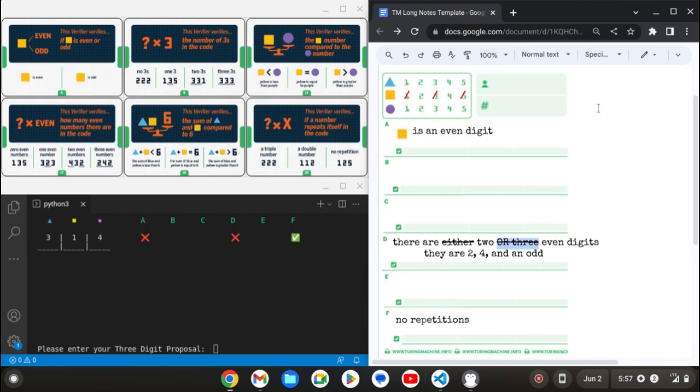That would give us a 6, and that would force circle to be an odd. And potentially criteria card C could force the circle to be 1, 3, or 5.